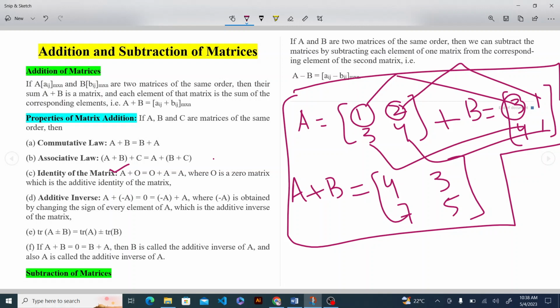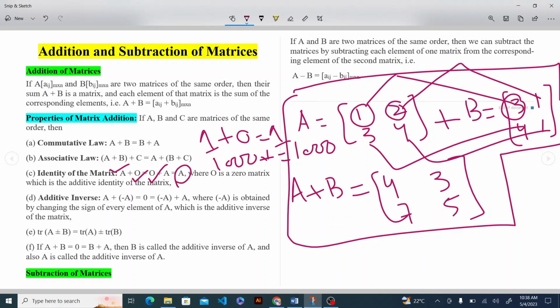It is the same as if we add 0 to any number, like 1 plus 0, the number will remain the same, 1. If we add 0 to 1000, the answer will be 1000. So it is the additive identity. O is here the null matrix, the zero matrix, whose elements are all 0. So the answer will be A, the matrix itself.